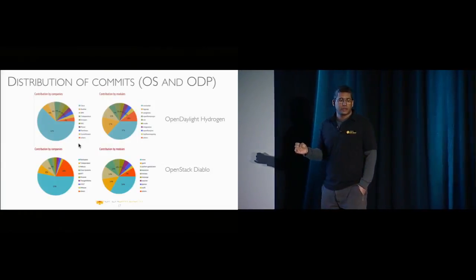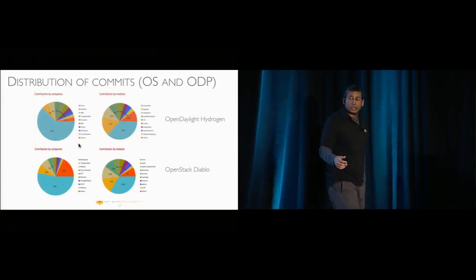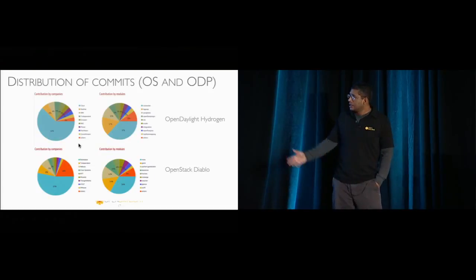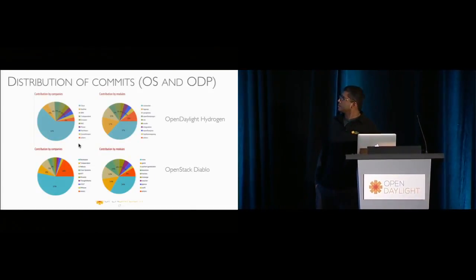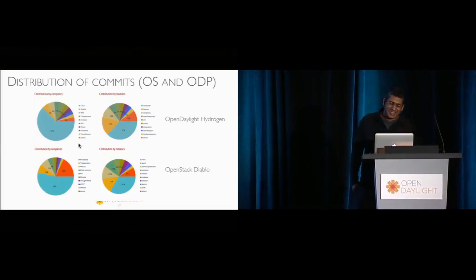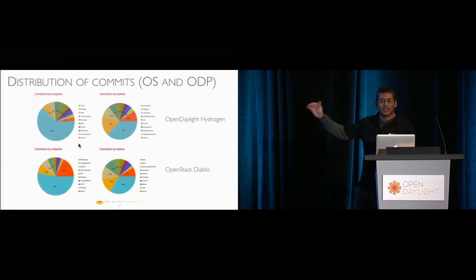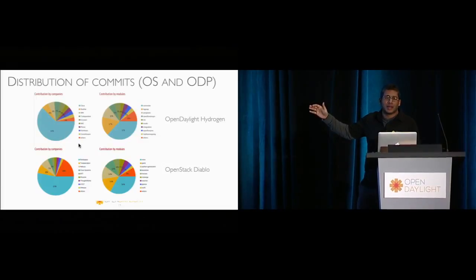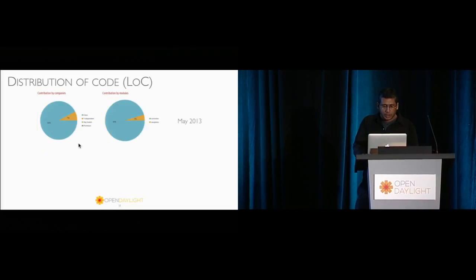If you recall the Diablo release of OpenStack, if you look at the distribution of companies that contributed and the distribution of commits over different modules, it doesn't look all that different, actually. Colin hates when I compare OpenDaylight to OpenStack, but I think it's instructive since it's a project that many of us track and view as a successful open source project, given the amount of activity in it. So that's an interesting comparison.